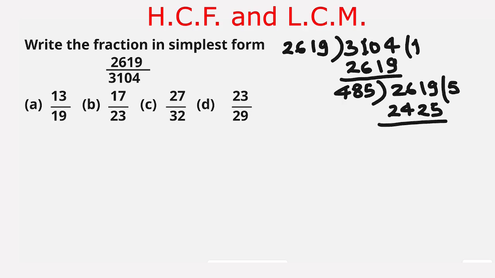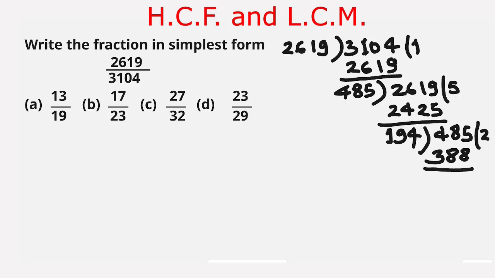On subtracting we get 194. We divide 485 by 194. 194 divides 485 2 times. 194 times 2 is 388. On subtracting 388 from 485, we get 97.